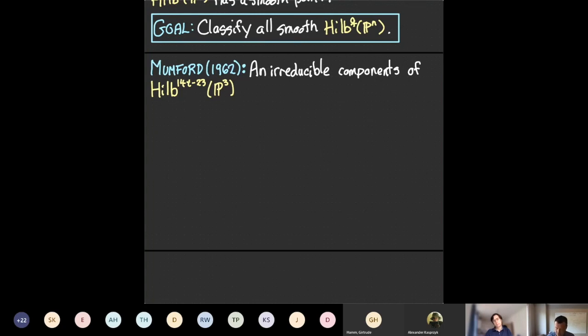And these are nice curves that are very pleasant to understand. And he shows one. I should be more careful. Only one irreducible component is generically non-reduced. So from the point of view of singularities, singular at every point.